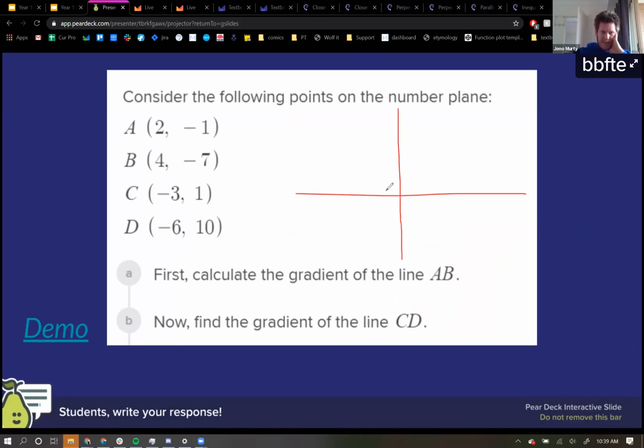Do a very quick dodgy graph here. A, 2, -1, about there. B, 4, -7, that's down here somewhere.